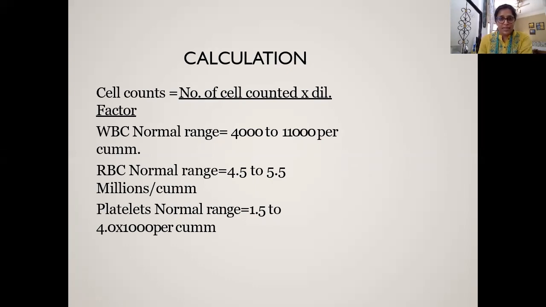So the first secret is that whatever you get from the squares which you have counted, you have to multiply it with the dilution factor, because we had diluted the blood, and then we convert it into the volume of blood in cubic millimeters.